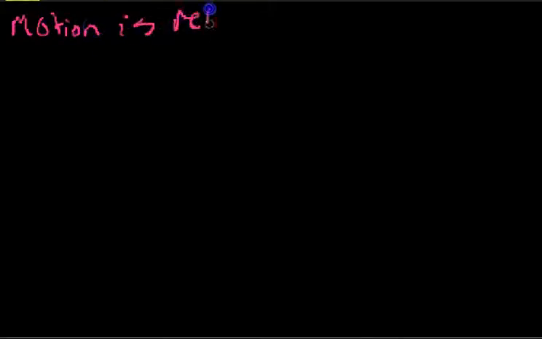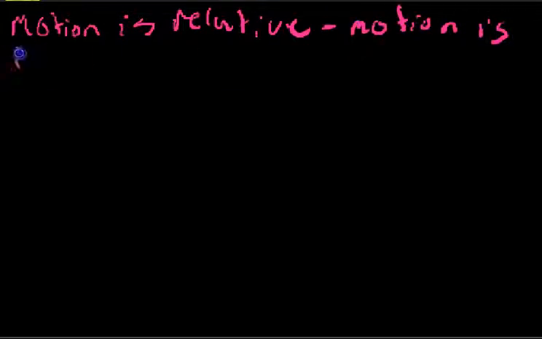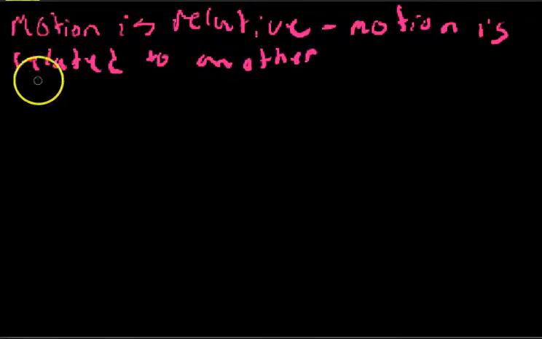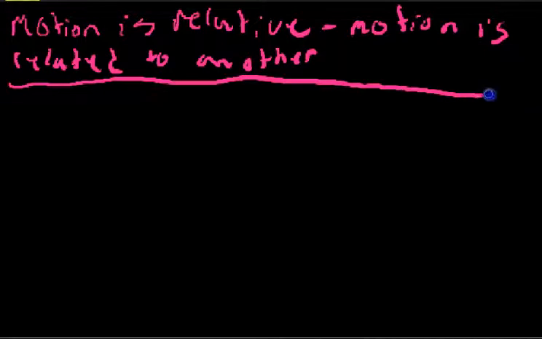Motion is relative means basically that motion is related to another object. So let's keep that in the back of our mind as I give some examples.